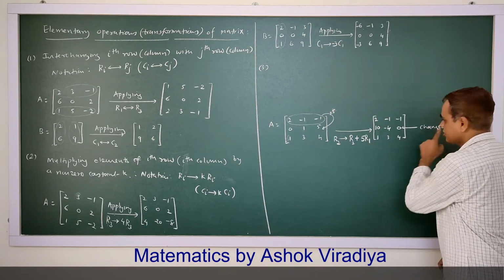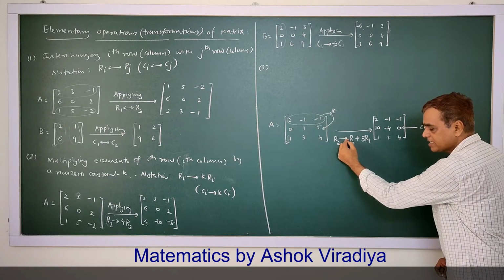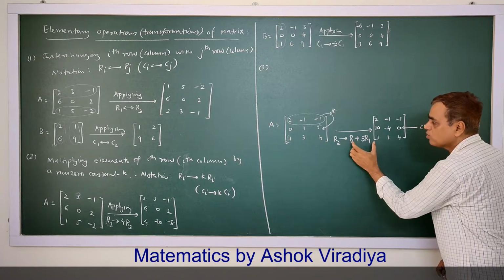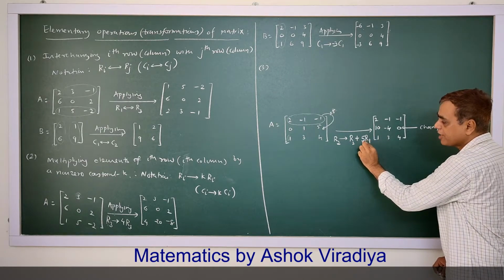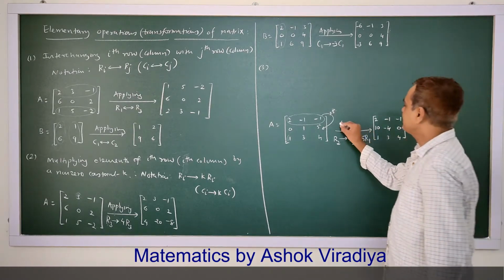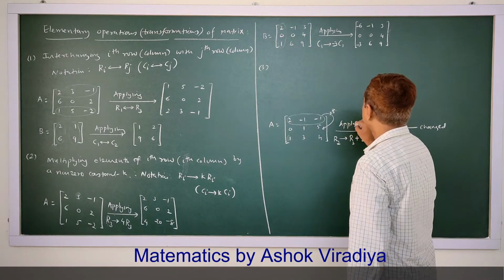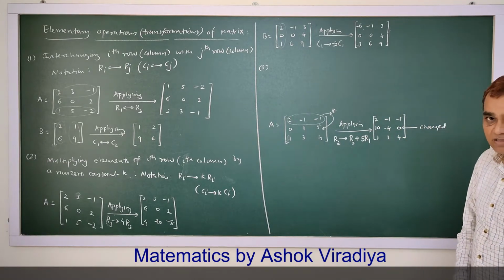The second row is changed. So what is changed in the second row? The second row will be converted by this procedure: multiply elements of the first row by 5 and add the products in the second row. So applying this procedure, we get this matrix.